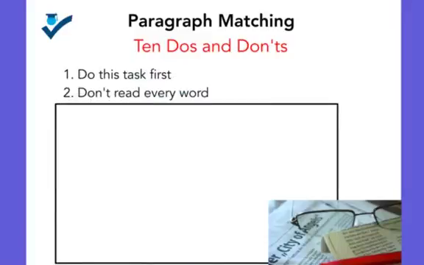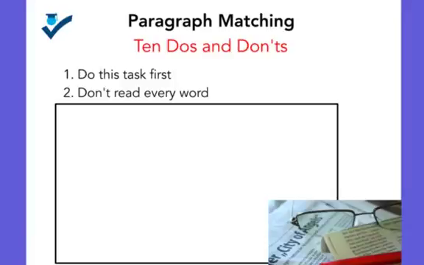Okay, this I think is a very common piece of advice that a lot of IELTS teachers, or not just IELTS teachers, but English teachers tend to tell their students: do not read every word. Okay, you don't have time for this, so try not to do this. You are not expected to read every single word in the text because it's just going to take too long.